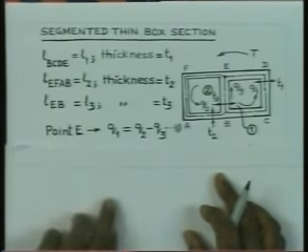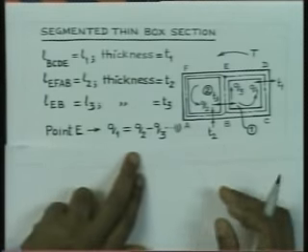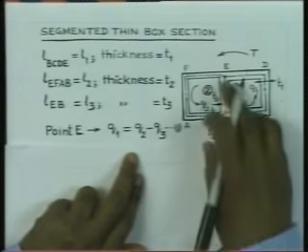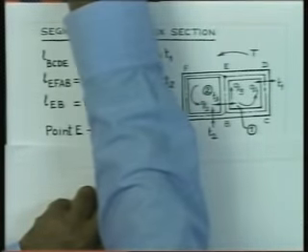We can get this equation also from the consideration of equilibrium at the point E. This is something I would like you to note, that this flow equation is equivalent to the equilibrium equation of an element around the point E. So, let us look into therefore the point.